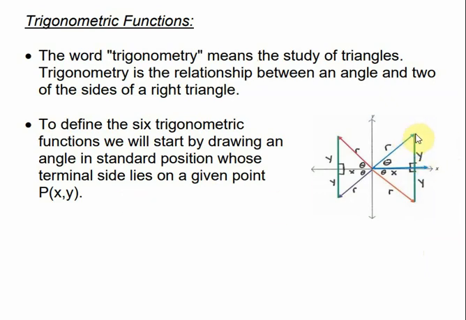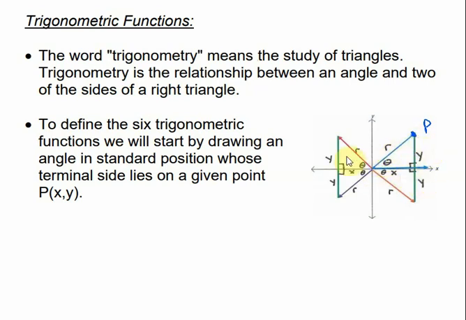Okay, so here we have 4 separate triangles. Let's just look at this first triangle. We can create triangles in any of the quadrants. Say if this is point P, this is an angle that's in standard position, where this is my initial side and this is my terminal side.